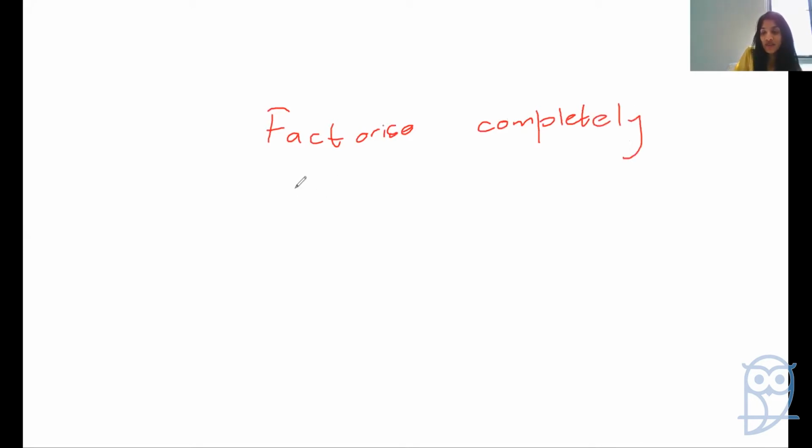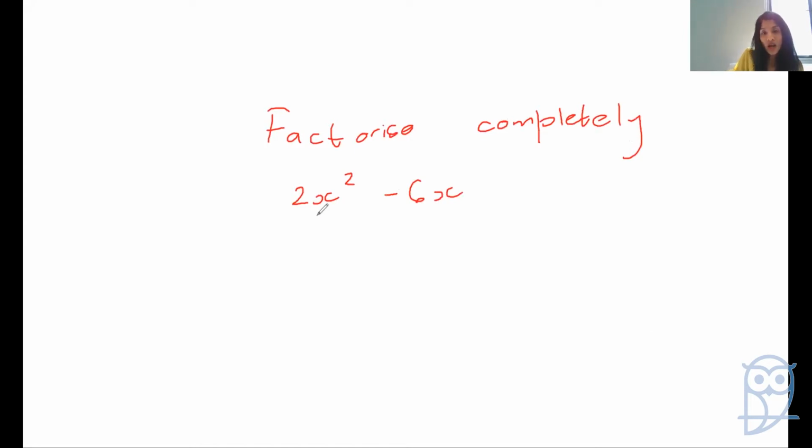Okay, so I'm starting with my questions, and the first question I have here says, factorize completely. Always read the question and see what it is they're asking you to do. And this is the equation they want you to factorize completely. Firstly, guys, when we look at this, we have to take out the common factors.